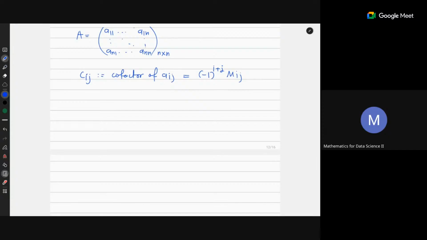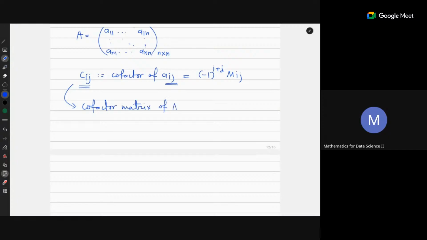Now, using A, for each ijth entry we are finding a cofactor, so we can form a cofactor matrix from this. What is a cofactor matrix?